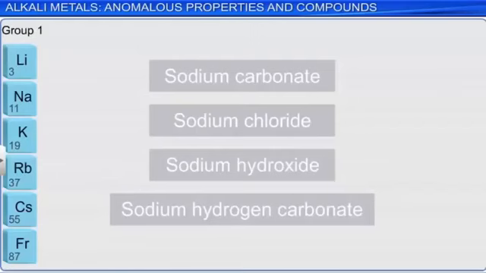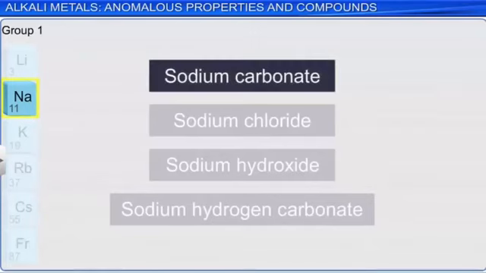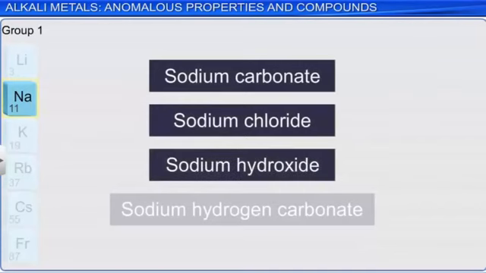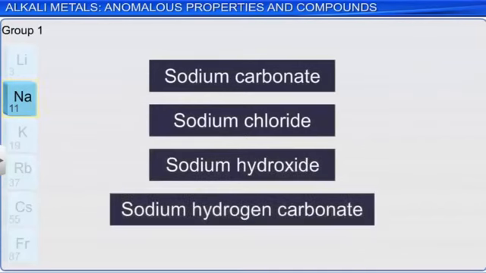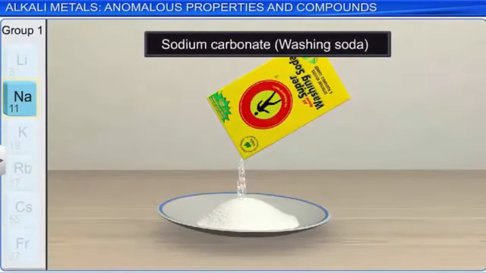Let's now talk about some important compounds of sodium. Sodium carbonate, sodium chloride, sodium hydroxide, and sodium hydrogen carbonate. Sodium carbonate, commonly known as washing soda, is a white, crystalline solid as shown in the photographs.